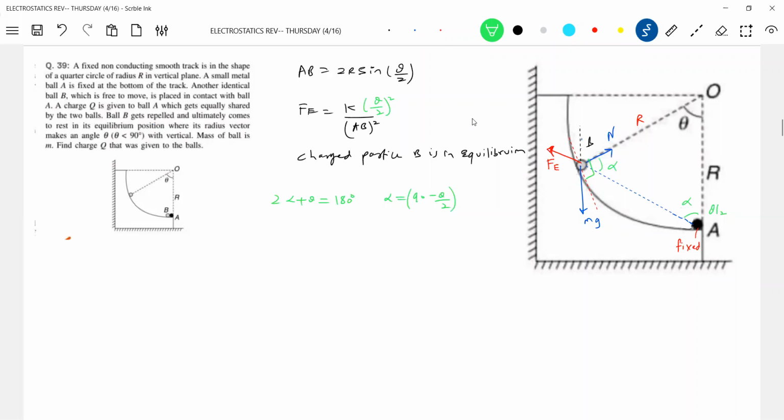So this should be the alpha. Now this will be Fe. I'll equate tangential forces here. This is alpha. We need this angle, no? Beta is needed.